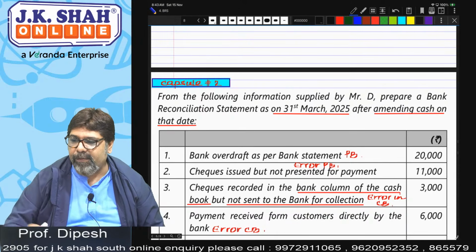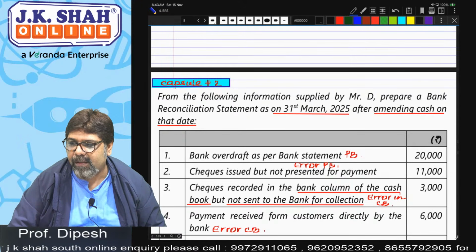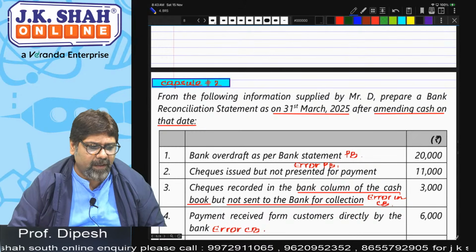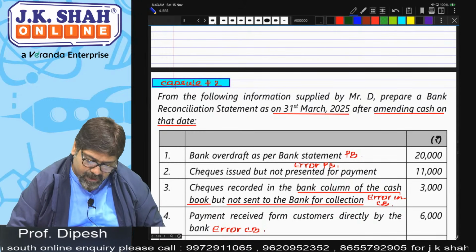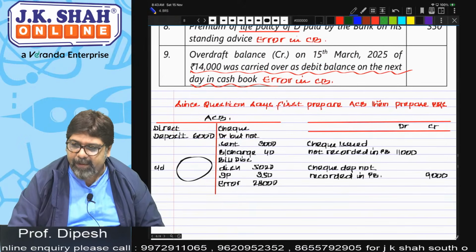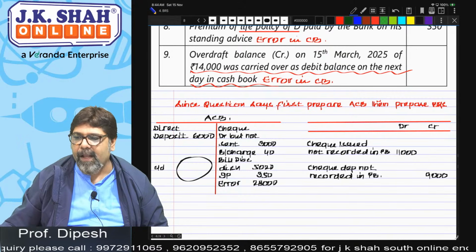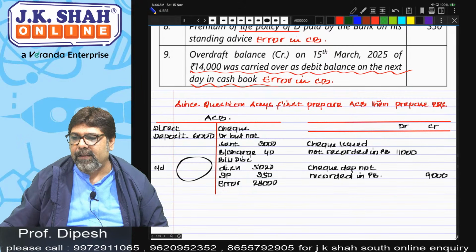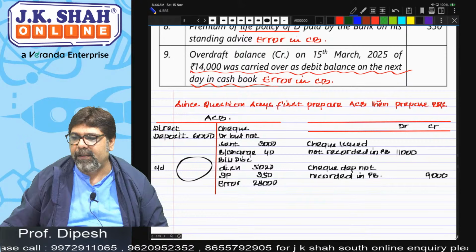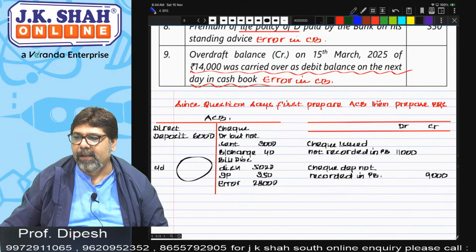So don't you have to write the balance brought down on the debit or credit side? Why? First of all tell me the balance, then I'll tell you, Aditya. Balance carried down 30,410.